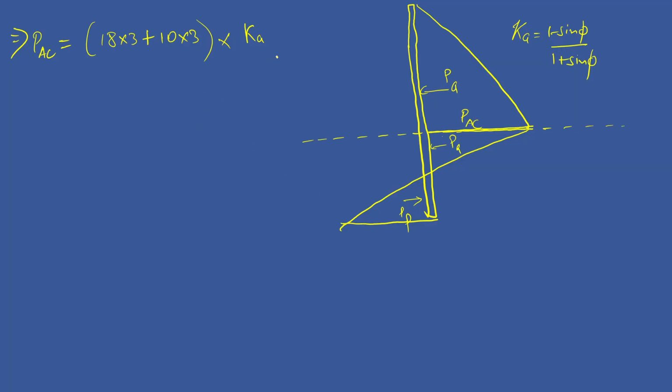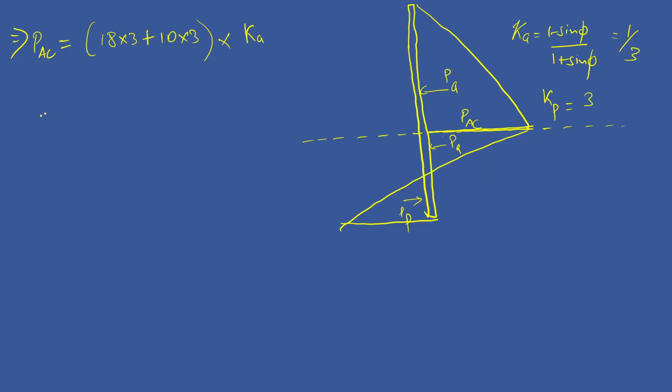So we need to counterbalance this since your sheet pile wall is moving away from the soil. Here you will be having active pressure, here also active pressure, and then here you will be subjected to some passive pressure. So your Ka is 1 by 3 and your Kp is basically 3.